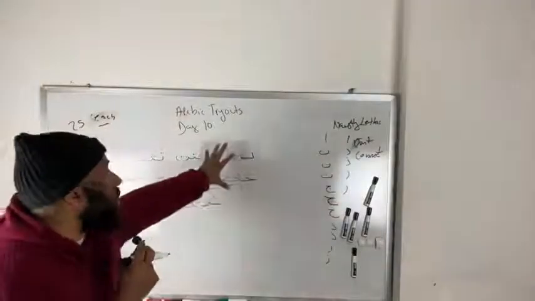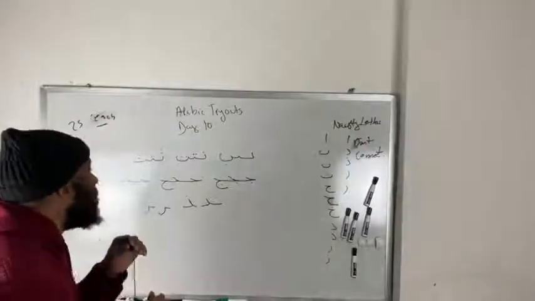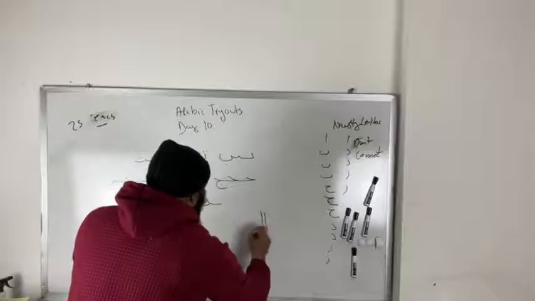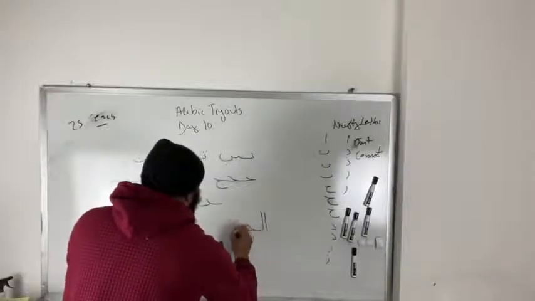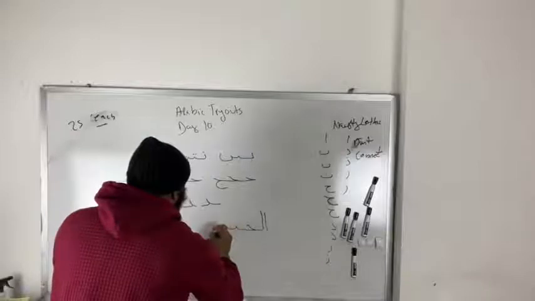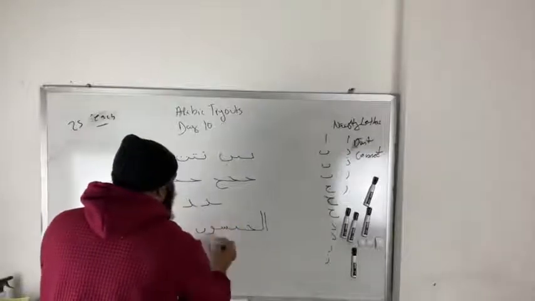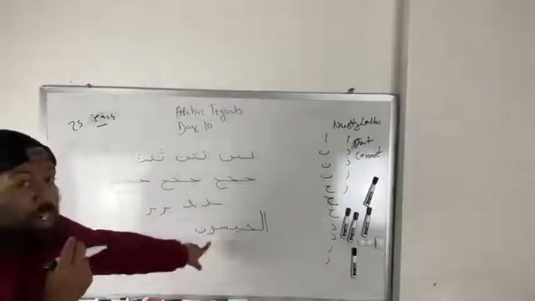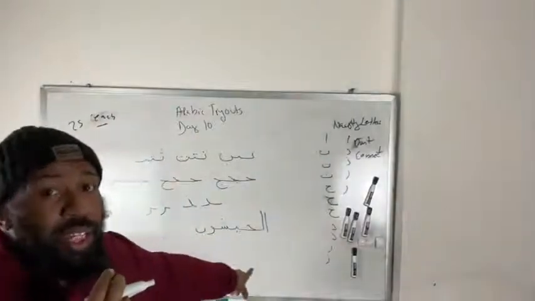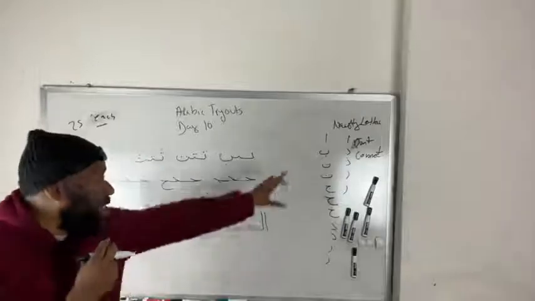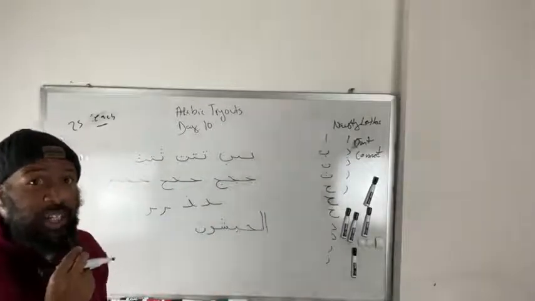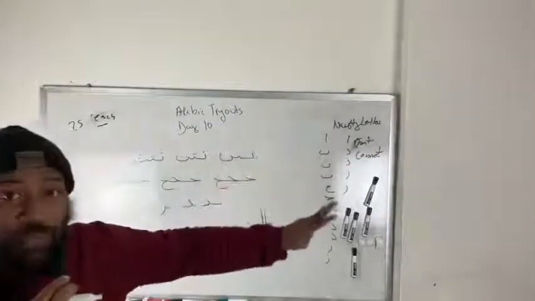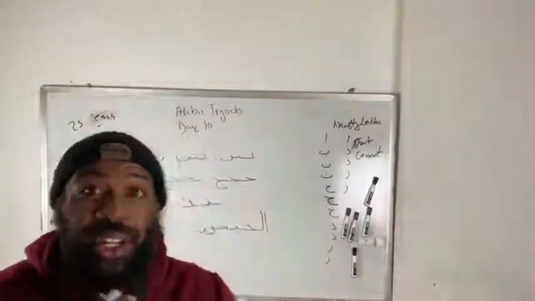When you look at a word, you're going to see them together. Okay, so when we look at a word, like when we were looking at this word, it doesn't look like the independent forms, right? Not at all. So that means we have to know the middle, beginning, and ending forms so we can know which letter we're looking at.